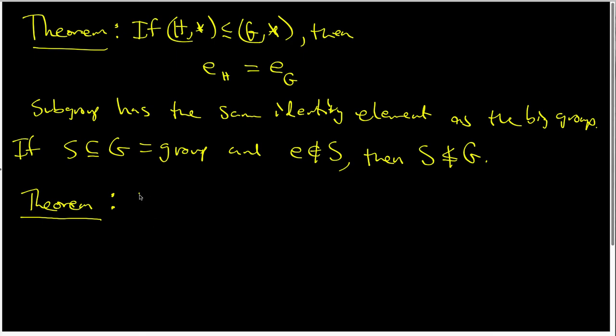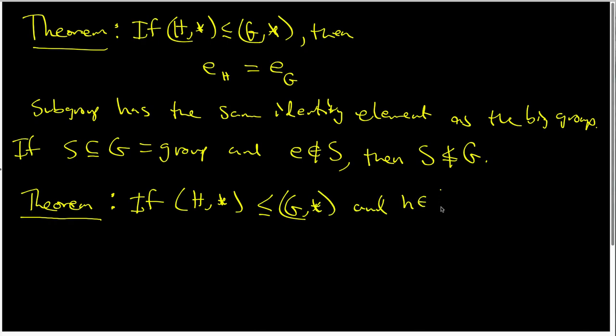So, in other words, if H is a subgroup of G, and I take any little h inside capital H, then the inverse for h inside the subgroup has to be equal to the inverse for h inside the big group.